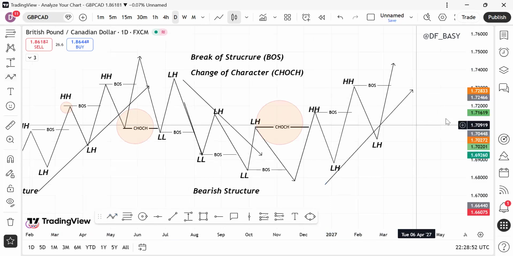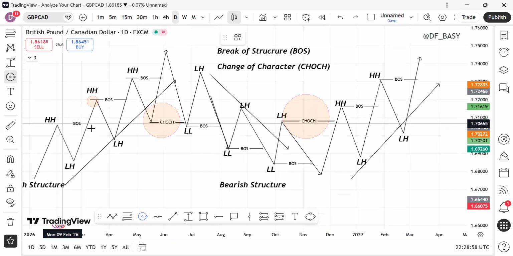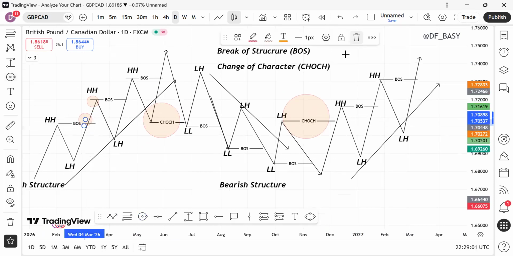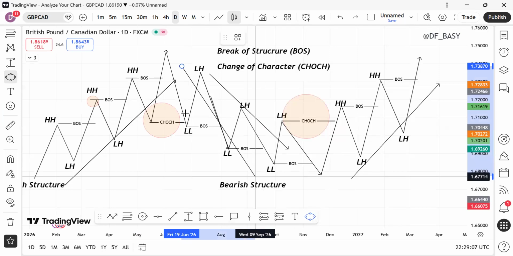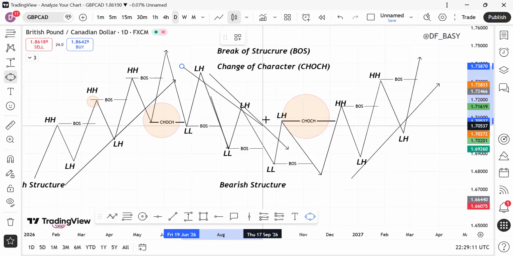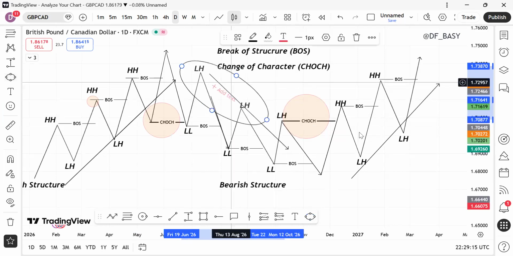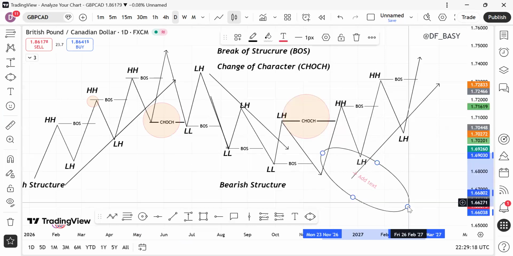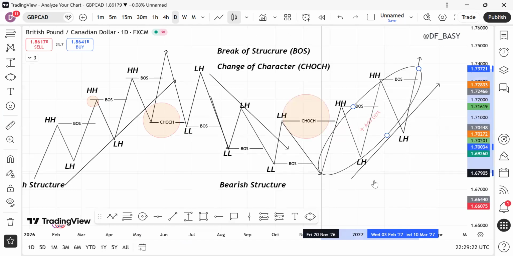So now when market was bullish over here, it was creating breaks of structure to the upside, which you can see. When market became bearish, it started breaking structure to the downside over here. See the break of structure to the downside, break of structure to the downside, break of structure to the downside. Then all of a sudden, when market became bullish over here, this zone here, what did it do?